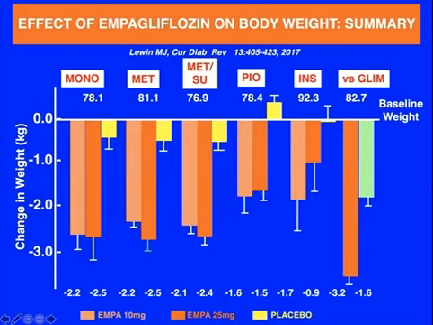Pioglitazone makes you gain a little bit of weight, but nonetheless, you don't gain weight when you put the drug with pioglitazone. You lose weight, not quite as much as with the other studies. Same story with insulin. And this study, unfortunately, is a very unusual study, and the people with glimepiride lost a lot of weight because there was a big diet intervention. Normally, sulfonylureas make you gain weight, but again, you see in this group a very nice weight loss.